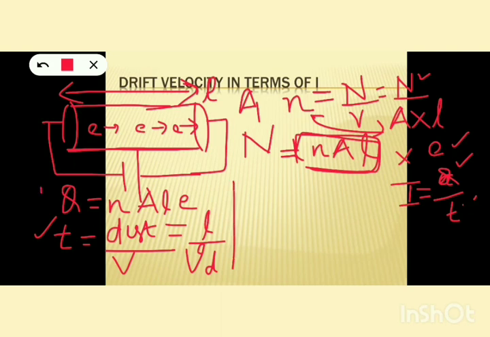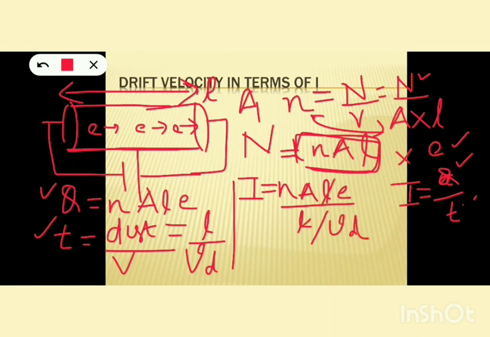So we got Q, we got T. Then what will be current? Current I is equal to Q by T. What is Q? nALe, divided by T. What is T? L by Vd. This L and this L will cancel, and this Vd goes to the numerator.